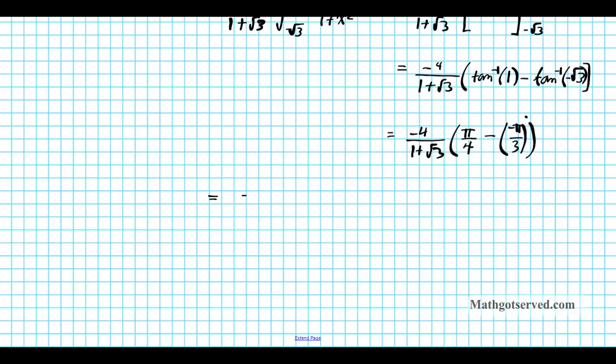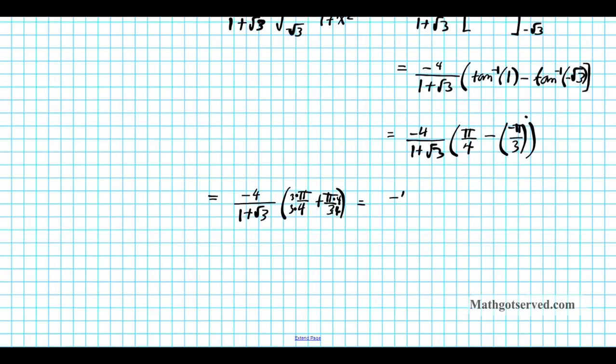Let's go ahead and do that real quick. So we have negative 4 over 1 plus root 3 times pi over 4 plus pi over 3. Okay, so if you find the LCD, you multiply this by 3 top and bottom, and you multiply this by 4 top and bottom.